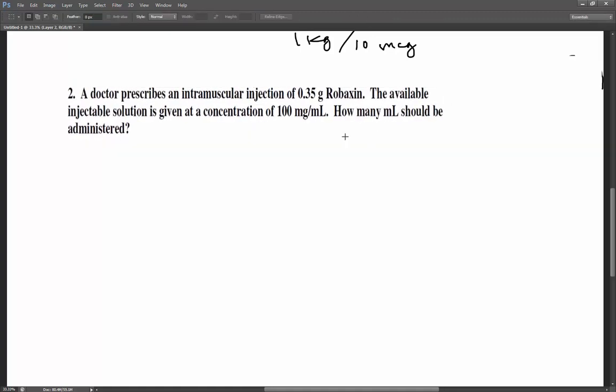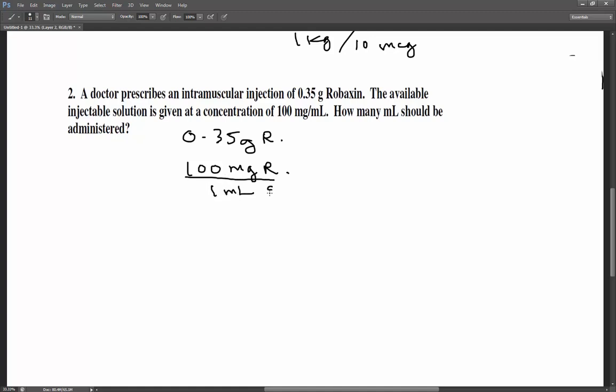So first thing we're going to do is pull out the information that's given. So we're saying that the prescription is for 0.35 grams of Roboxin. I'm just going to put a capital R. The solution is given at a concentration of 100 milligrams of, that's Roboxin, per every 1 milliliter of solution.